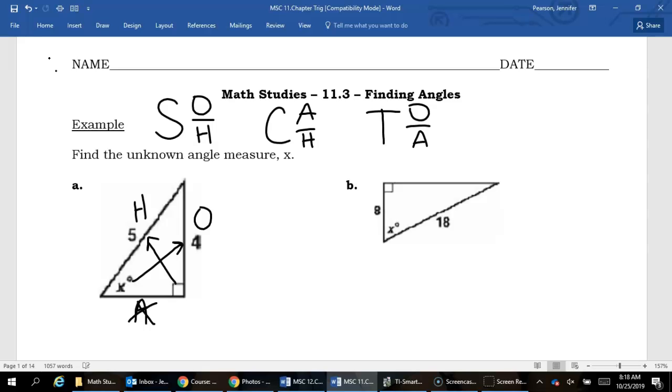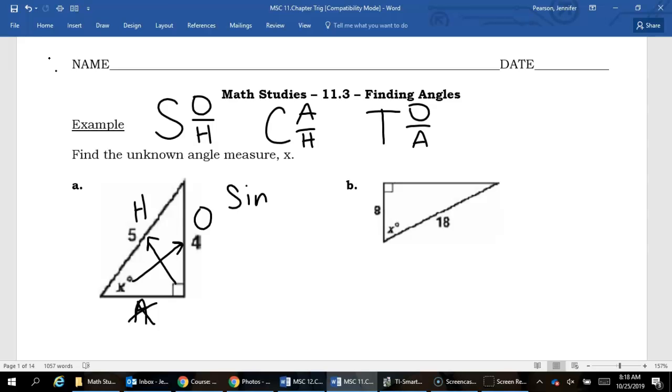I don't know anything about the adjacent side, so I'm going to ignore that. Based on the two letters that I have left, O and H, I'm going to choose either sine or cosine or tangent. I need an adjacent to write a tangent. I need an adjacent to write a cosine, so I am left with sine. So far, all of that was exactly the same as finding sides.